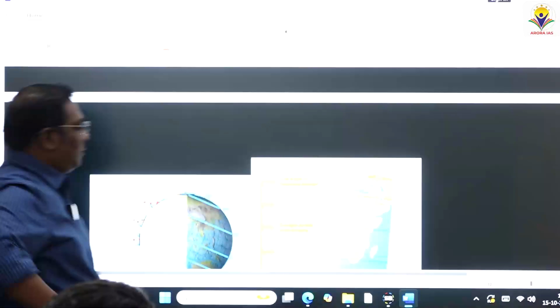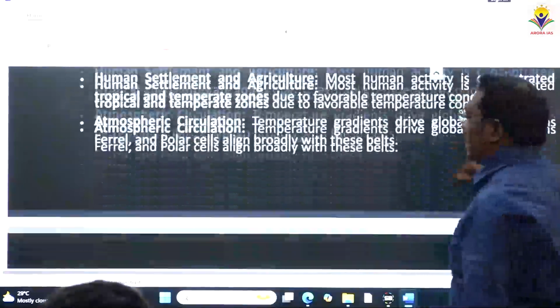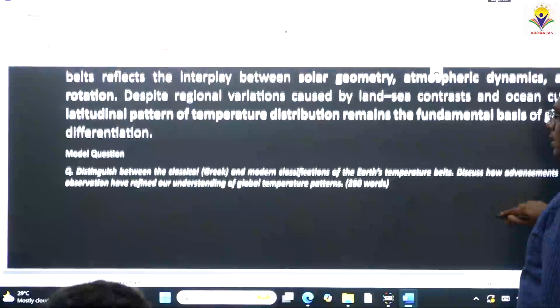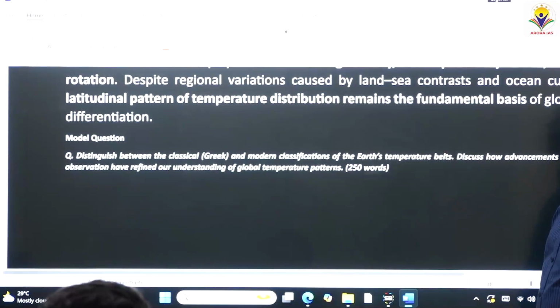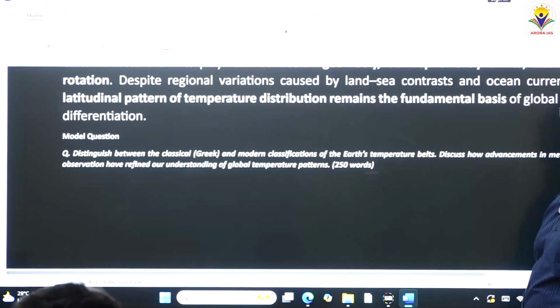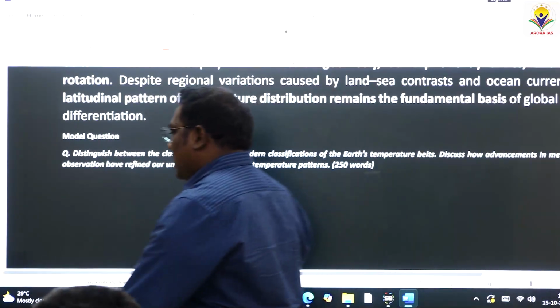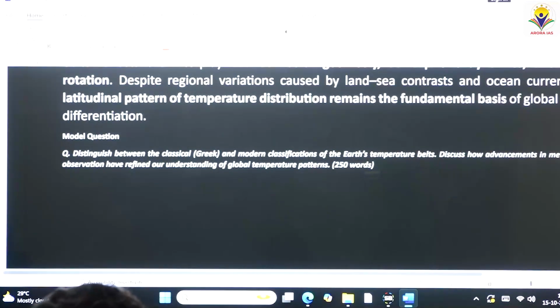For every topic, there will be a practice question given at the end, like: distinguish between classical and modern classification of the Earth's temperature belts. You have to write this answer and show it to me, and I will evaluate it every day. That means writing answers every day is part of your geography preparation.